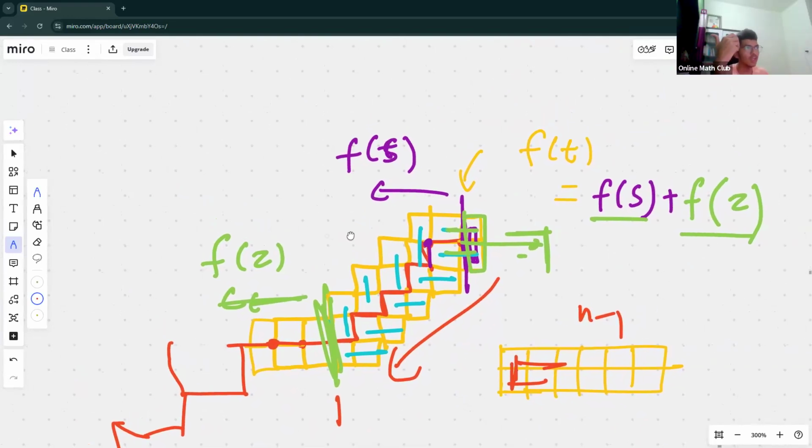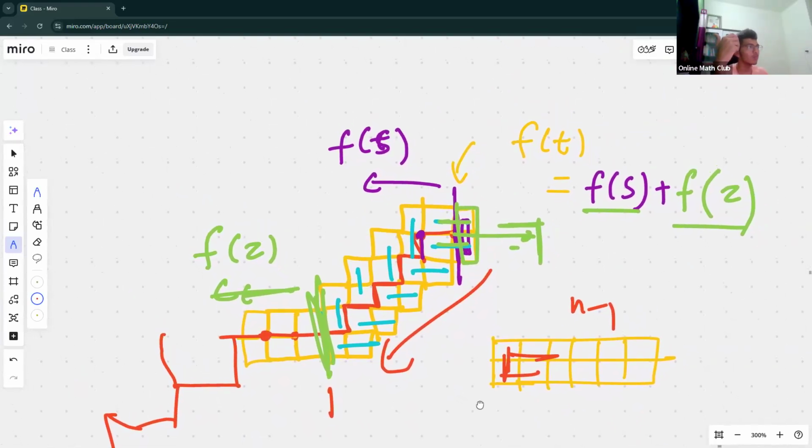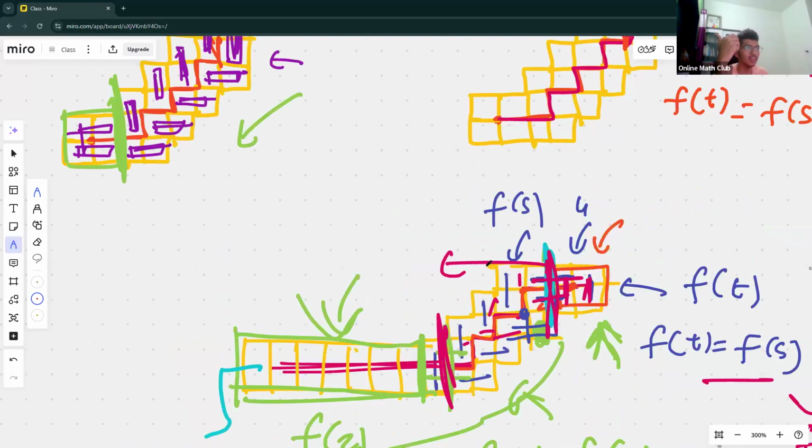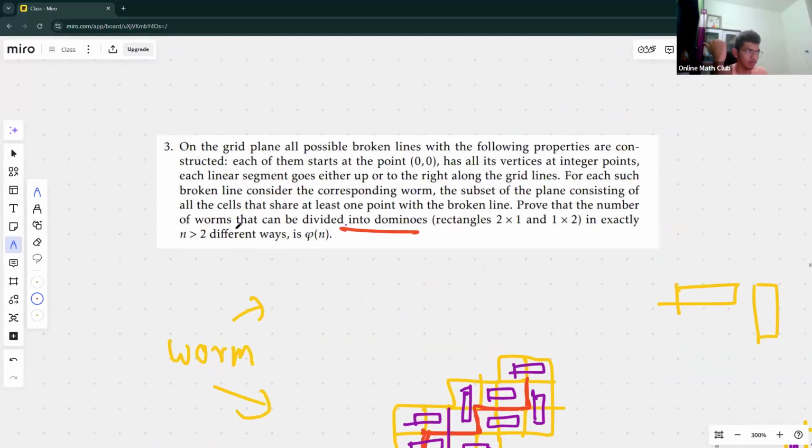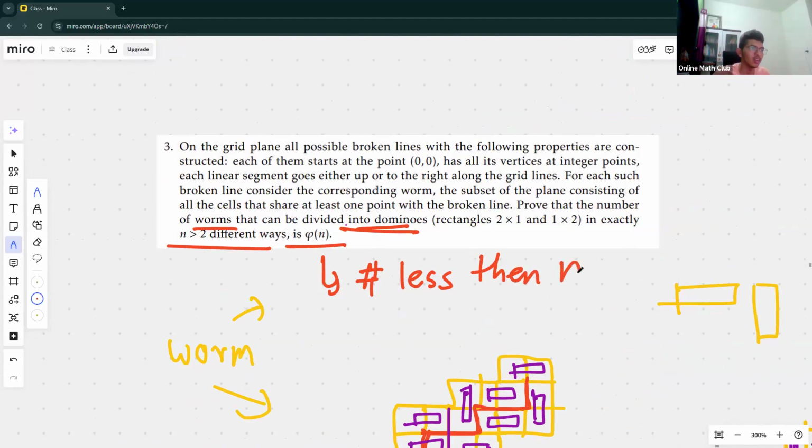Okay, now we will go back to the problem. What is the problem actually saying? Prove that the number of worms that can be divided into dominoes in exactly n ways is phi of n. Phi of n is the number of numbers less than n coprime to n.